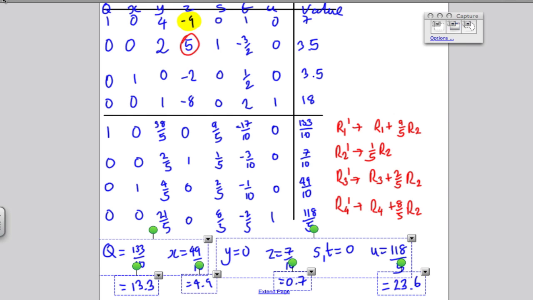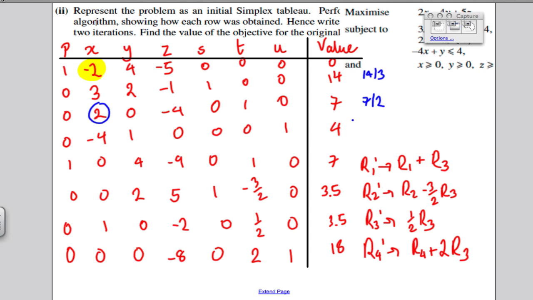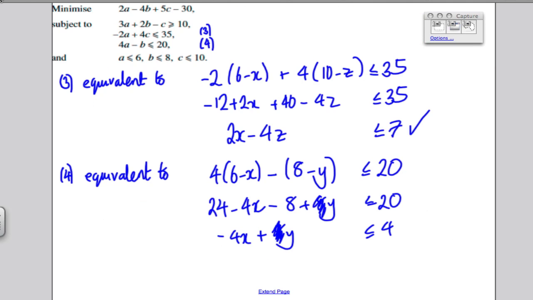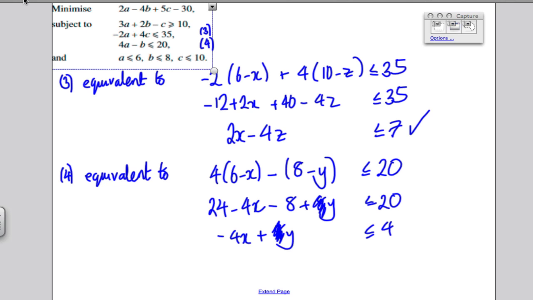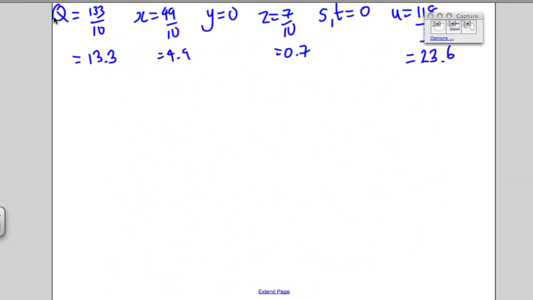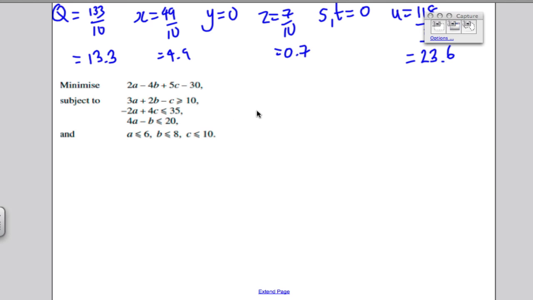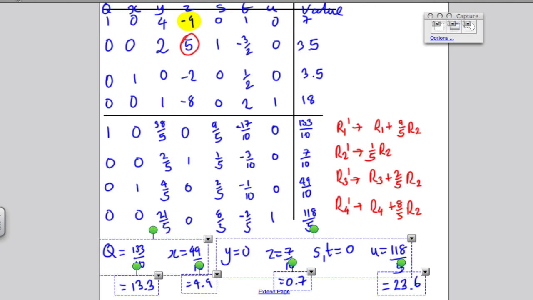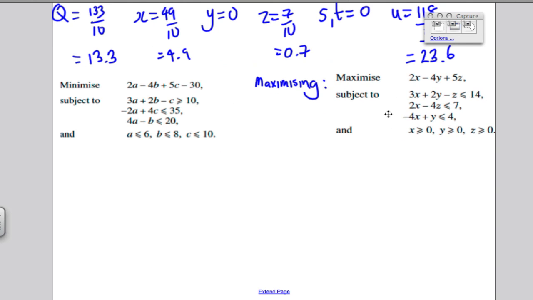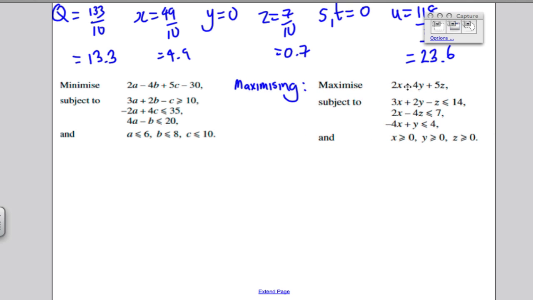Now remember, our original problem was that, okay? And what we ended up doing was maximizing the following problem.